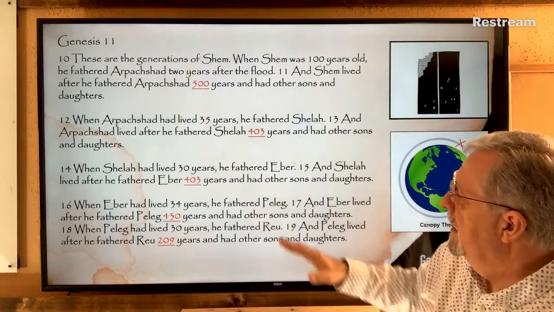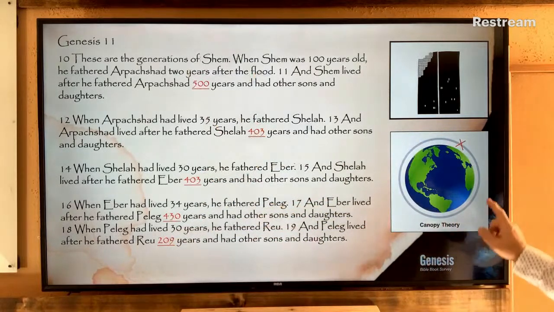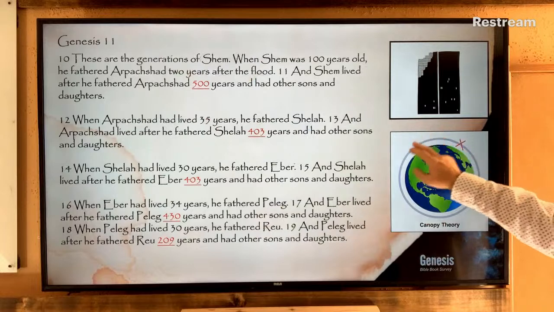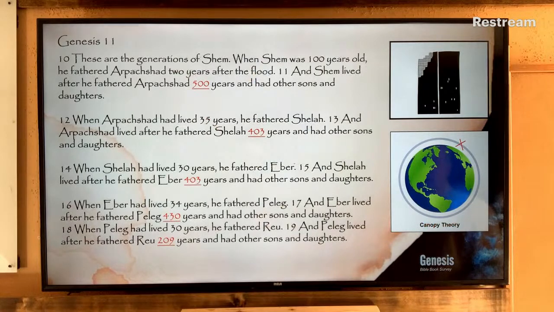And the thing that's interesting to me is I want you to notice that the way it decreases, it's going to come down in number. I told you earlier on the canopy theory, this idea that the water around the earth formed such a ball that it blocked out the ultraviolet rays from the sun and thus allowed mankind to live longer.